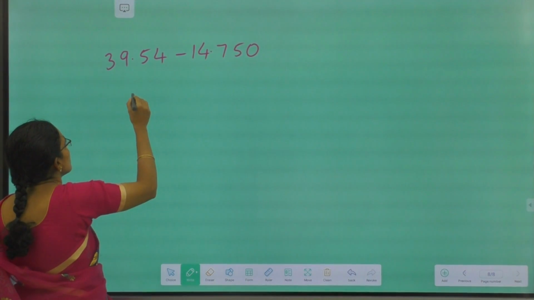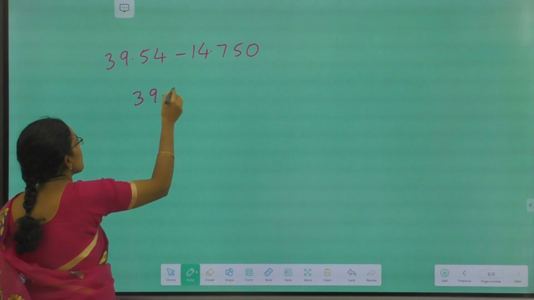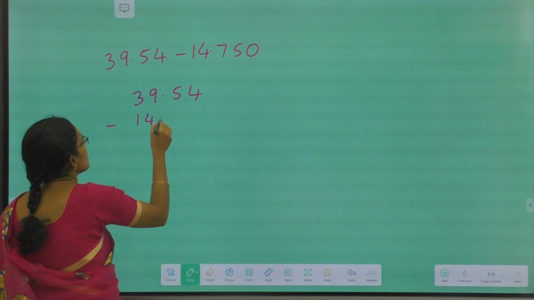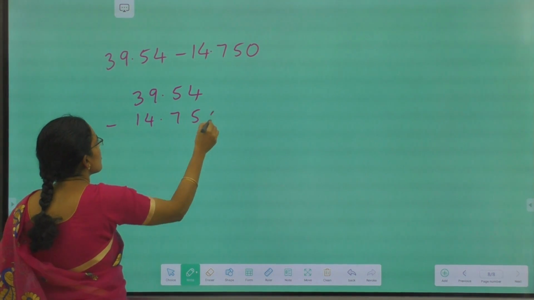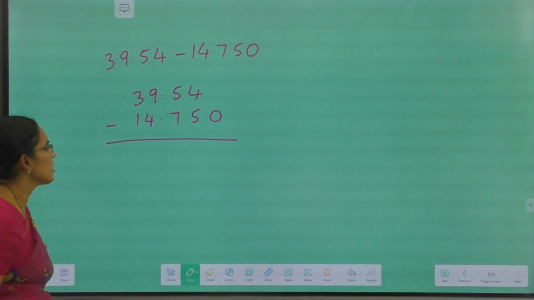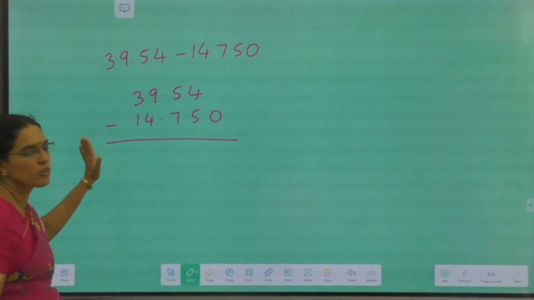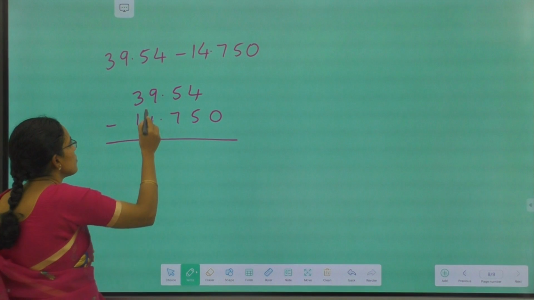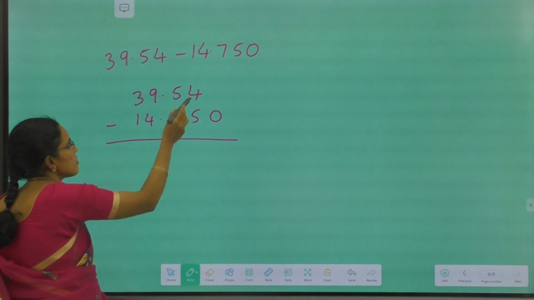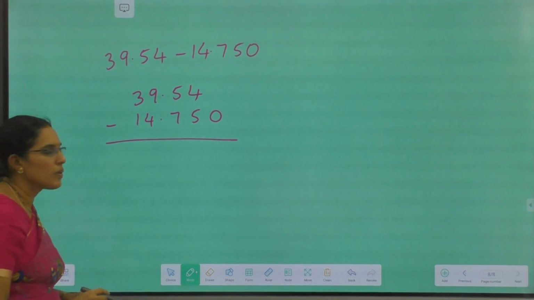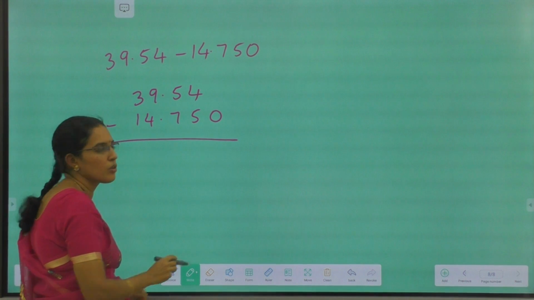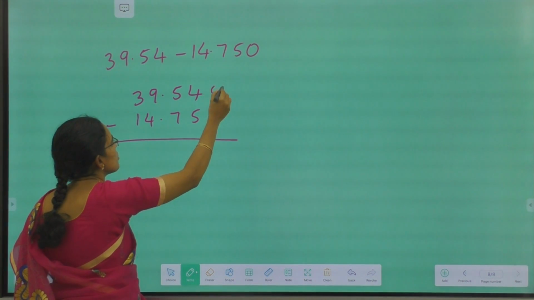Arrange one below the other: 39.54 minus 14.750. Now we should start subtraction. Here also ones place below ones, tens place below tens, hundreds below hundreds. But directly while doing subtraction, don't consider this blank as 0. First we should write 0 here also.